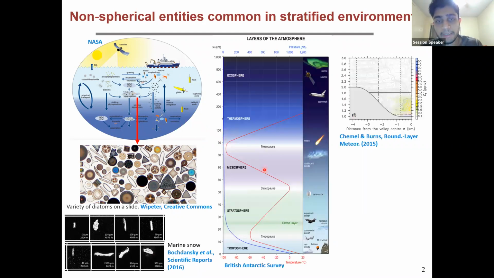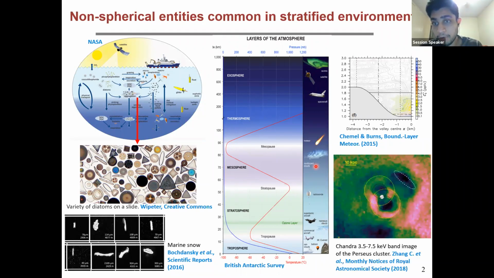Also, atmospheric air observes a density stratification similar to oceans, and these layers also have either pollutants in them or a bunch of different entities which can be of different shapes.